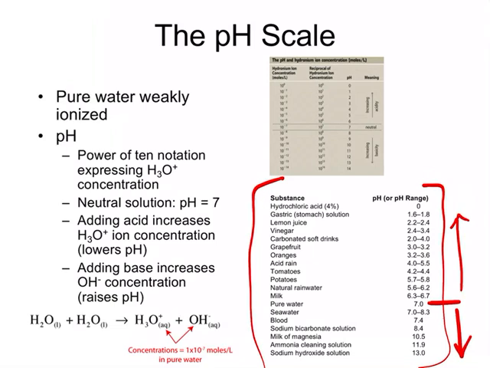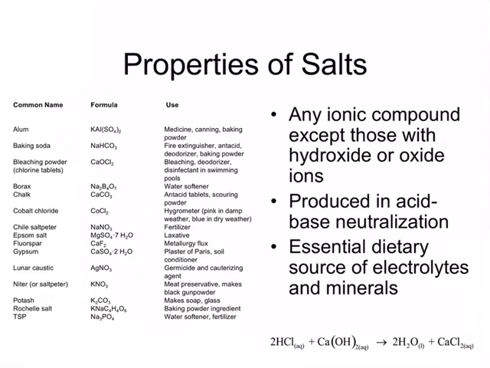And then the further up you go is basic things. pH is the power of 10 notation, and it's showing you here on this table, which you can't see very well, that for instance, here's 10 to the 0, and then 10 to the 1 has a pH of 1, and then 10 to the 2 has a pH of 2. Okay, so it is in power of 10s is how they come up with that scale.